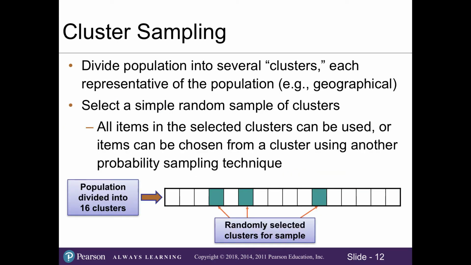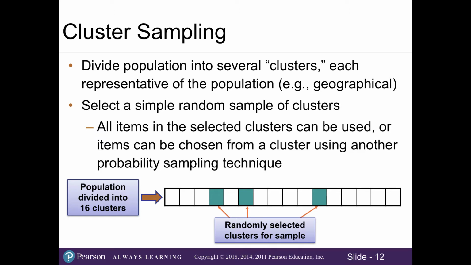Then there's cluster sampling. This is where we divide the population into clusters that are representative of the population, and this is typically geographical. Here we would select a simple random sample from clusters. All items in the selected clusters can be used, or items can be chosen from a cluster using another sampling technique.